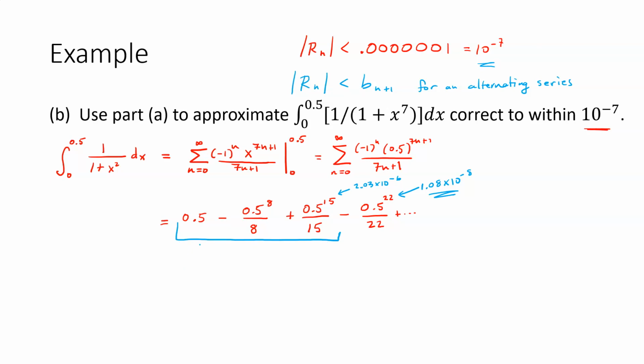So the sum of just these three terms will give us an error. Here I'll say R3 will have an error that's less than B4, which is 1.08 times 10 to the negative 8. And that's certainly less than 10 to the negative 7. So therefore we've just got to add these first few terms to get our desired error.